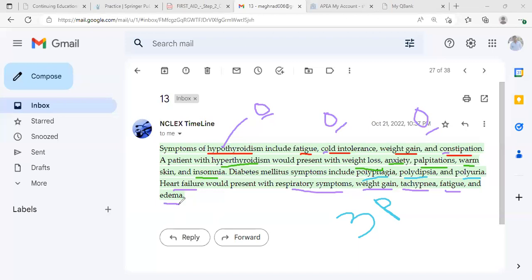You must know for your board exam: what are the signs and symptoms of heart failure? Respiratory symptoms, shortness of breath, weight gain, tachypnea, fatigue, and edema.